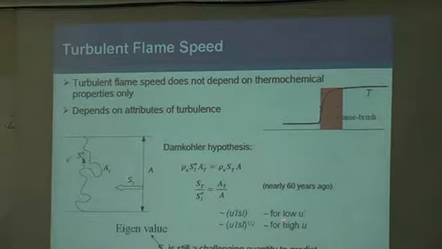For a low turbulence level, we hypothesized that this flame speed ratio is linear with u prime over SL, and for high turbulence it goes like the square root of that. There's a lot of argument in the literature about that. Still, this quantity ST is the eigenvalue of this problem, which is very difficult to calculate. Perhaps not anymore, as you will see in a minute.